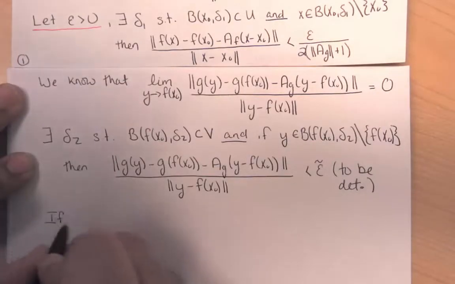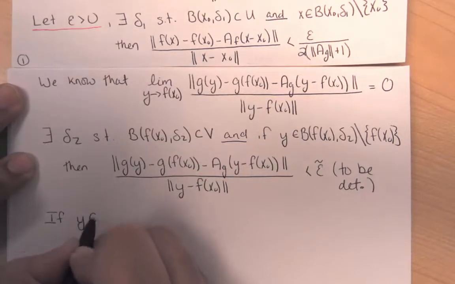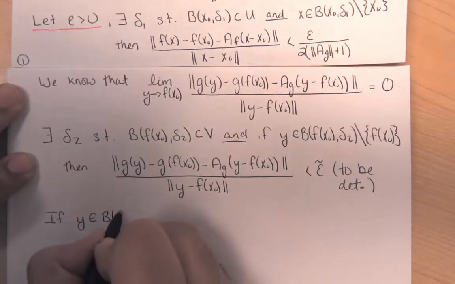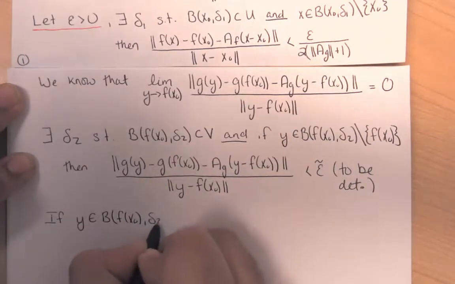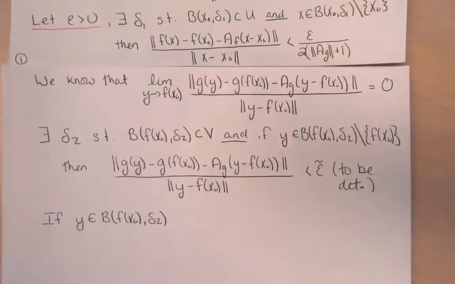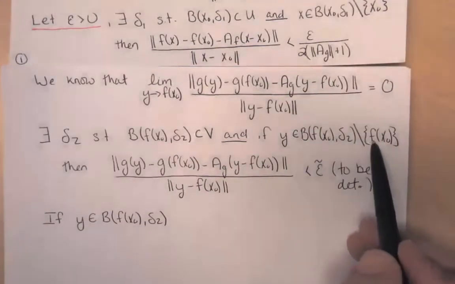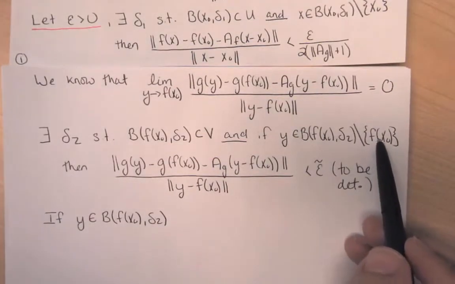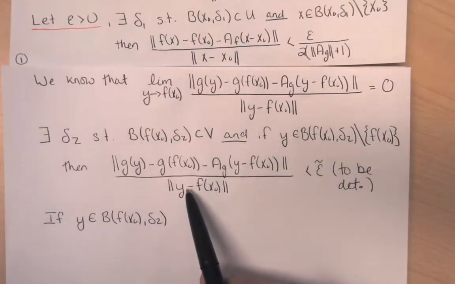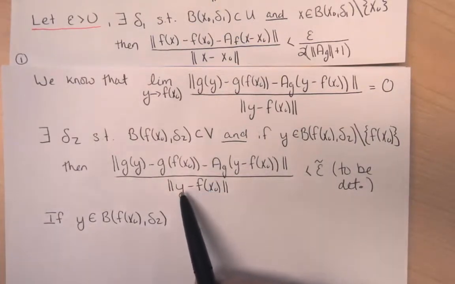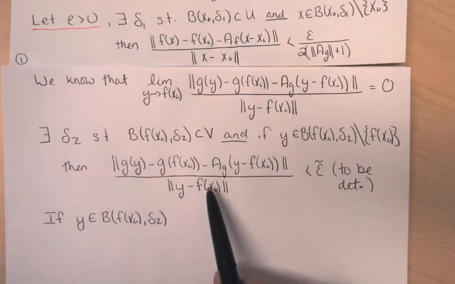If y is in this ball centered at f of x naught with a radius of delta 2. Now here I said except for the center, except for f of x naught. That's because, again, when you take a limit, you're interested in what happens as y approaches f of x naught, not when y is equal to f of x naught.